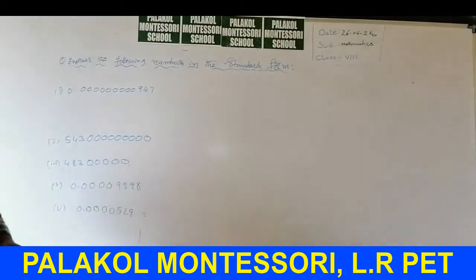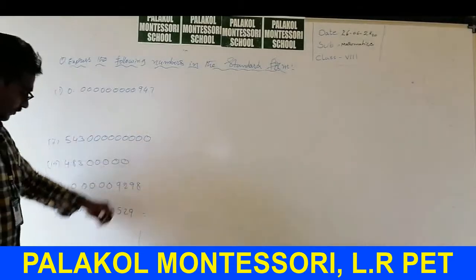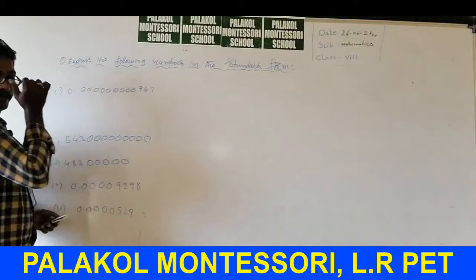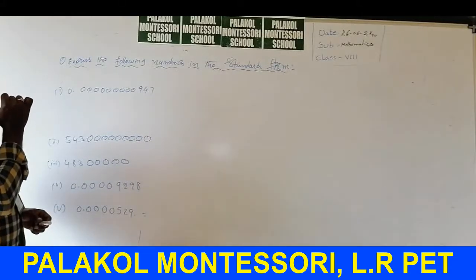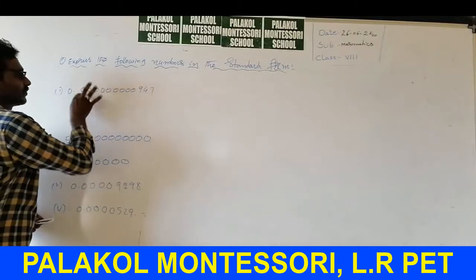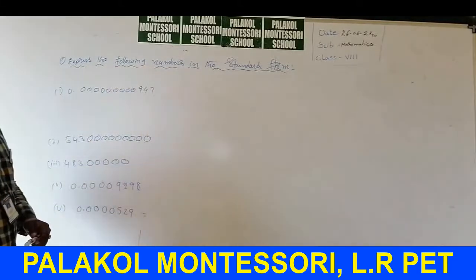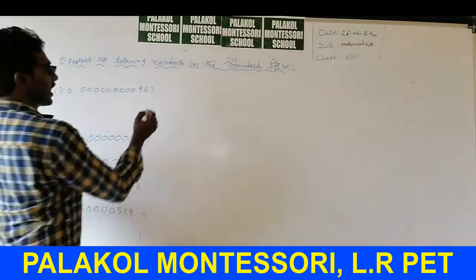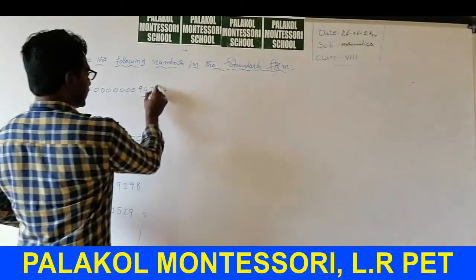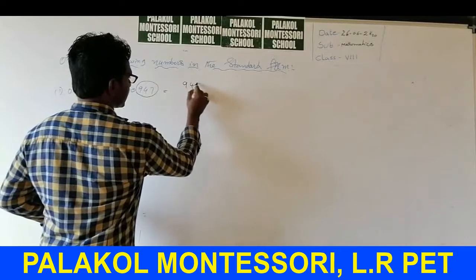Okay guys, see, express the following in the standard form. Here this one number is there, but it is a decimal number. 947, this one is totally decimal part. How to write this situation in the standard form? Simple logic is there. First, what is the number here? 947.